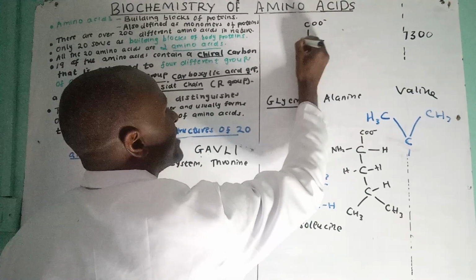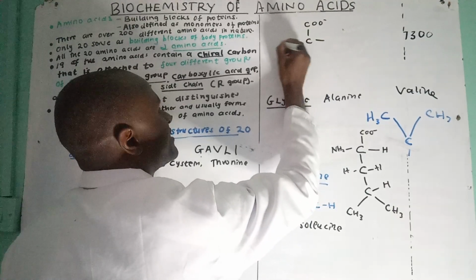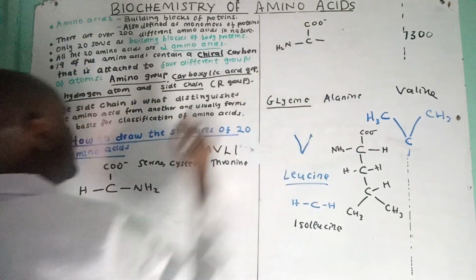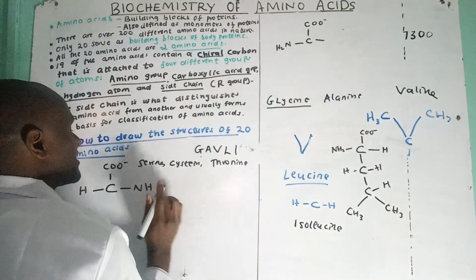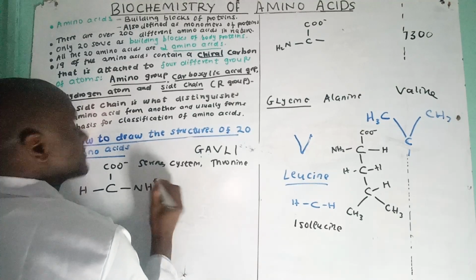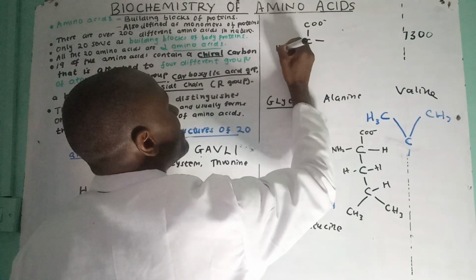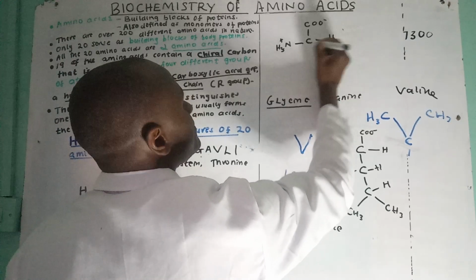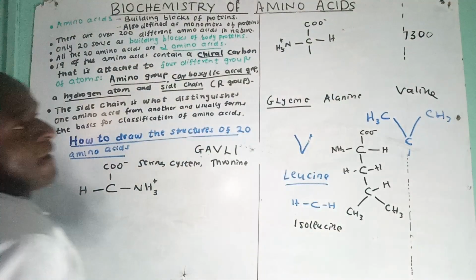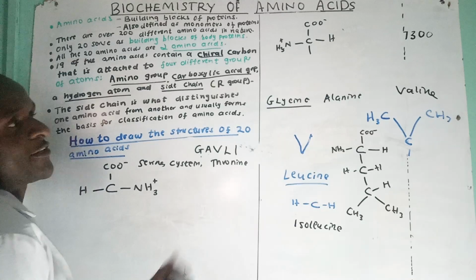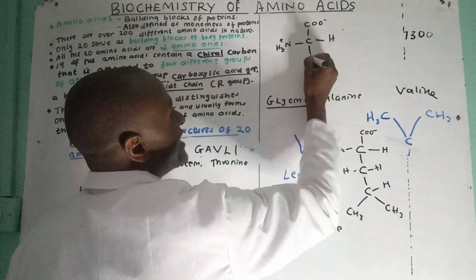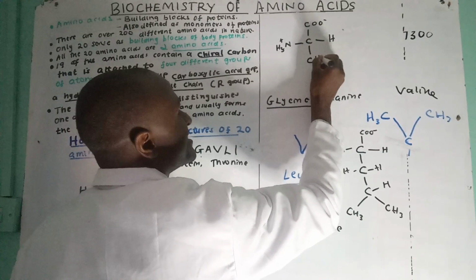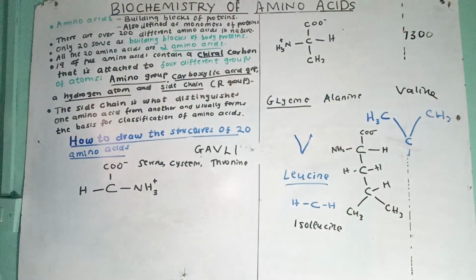So we begin by drawing our basic structure. This is our amino group. Just remember this is 3, sorry. So this is our amino group. So remember that for alanine the side chain is a methyl group.